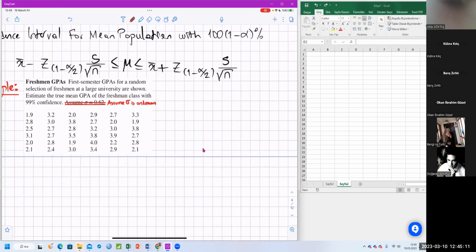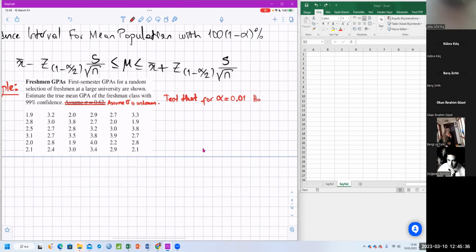Okay. So, adding something else to the question: test that for alpha equals 0.01 level of significance.